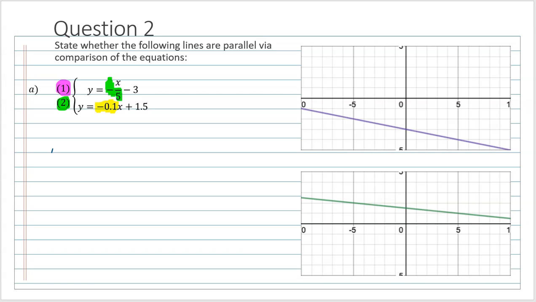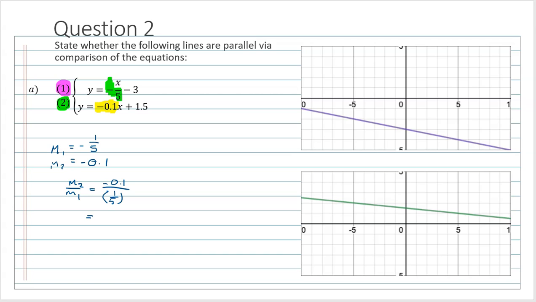Comparing the two, m2 divided by m1 is equal to negative 0.1 divided by 1 over 5.